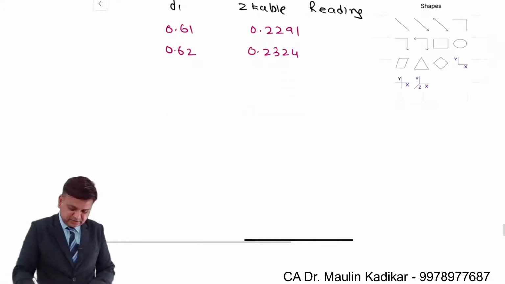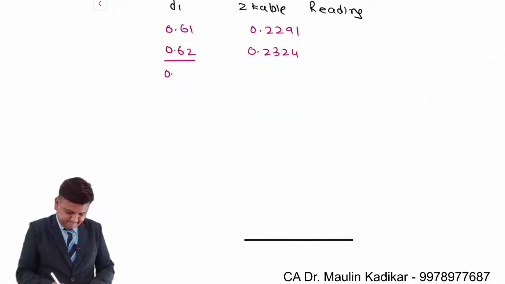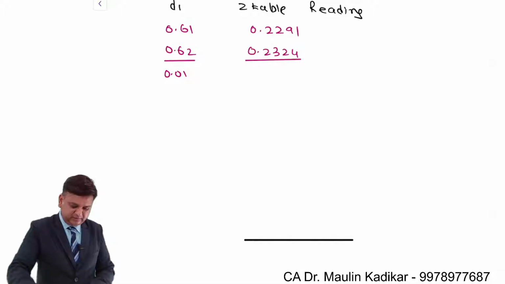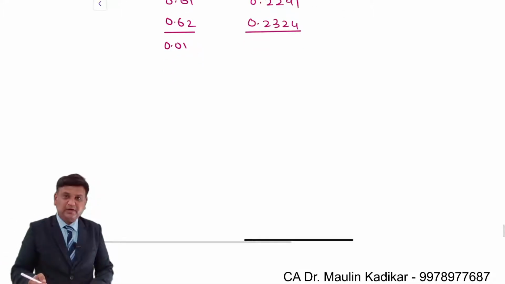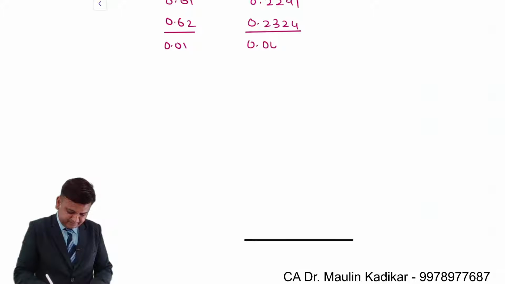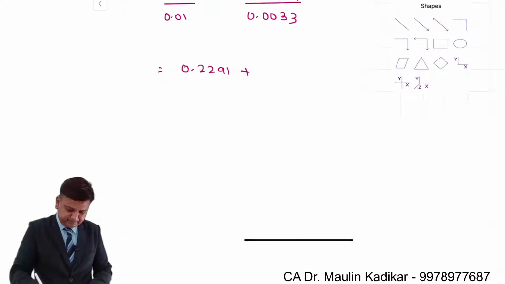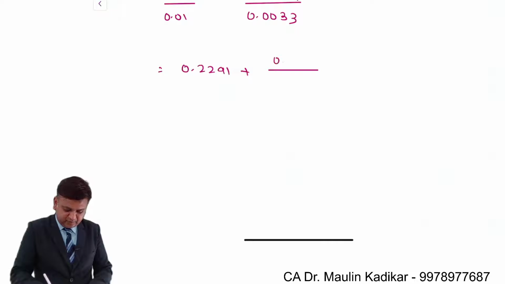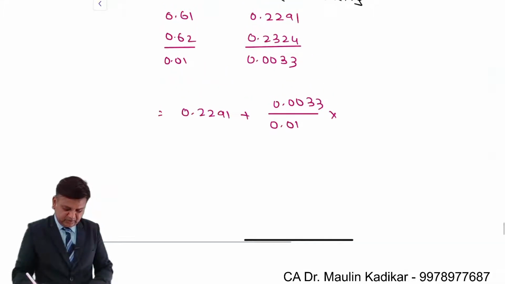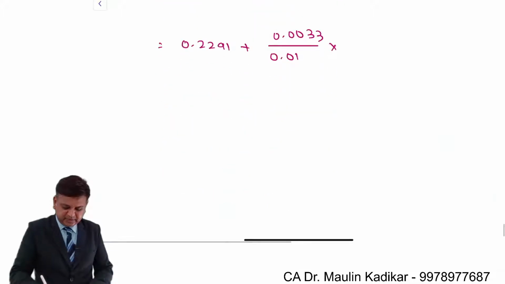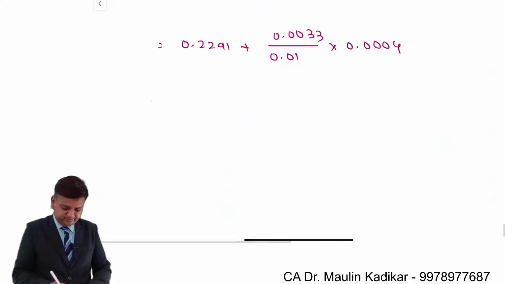So the difference is 0.01 and this difference is 0.2324 minus 0.2291. So 0.0033. So the final answer is 0.2291 plus 0.0033 divided by 0.01 into 0.0004.